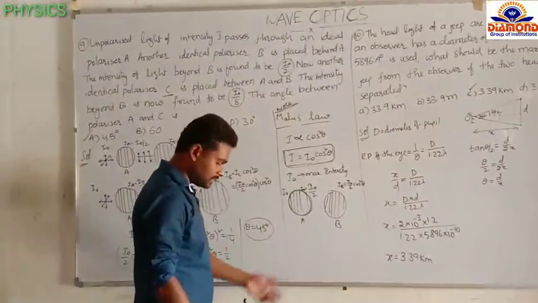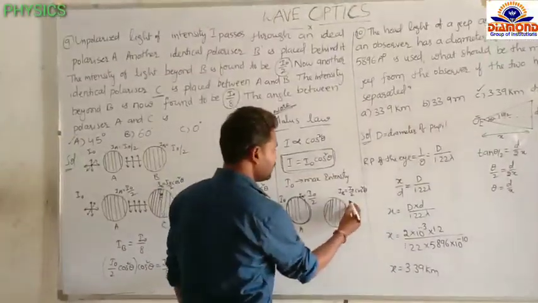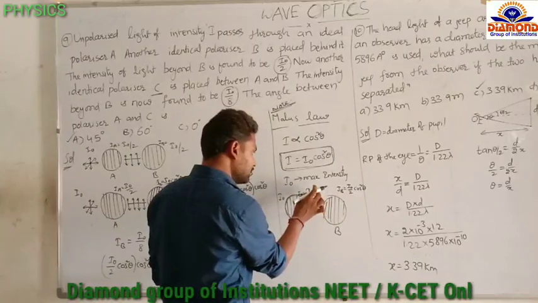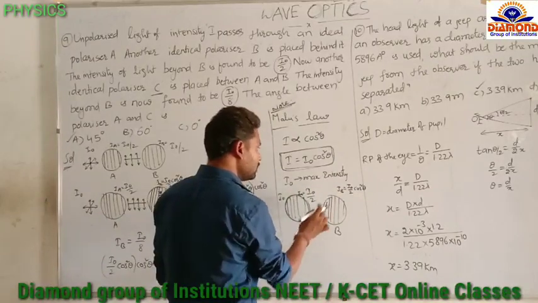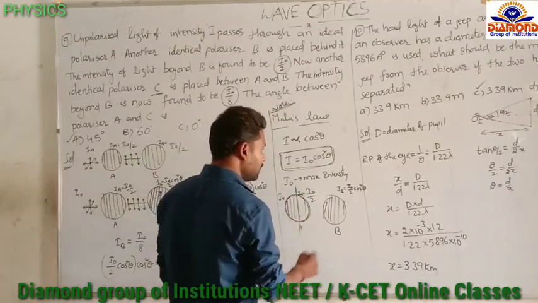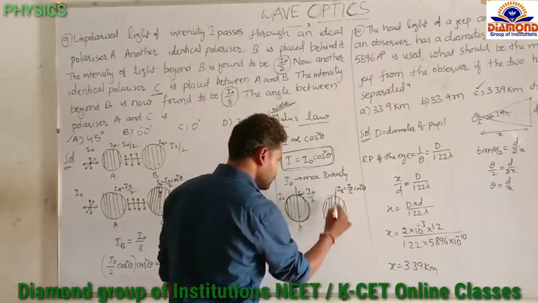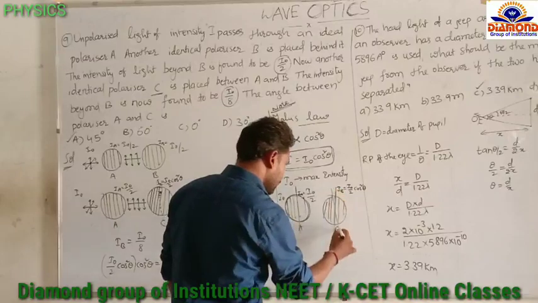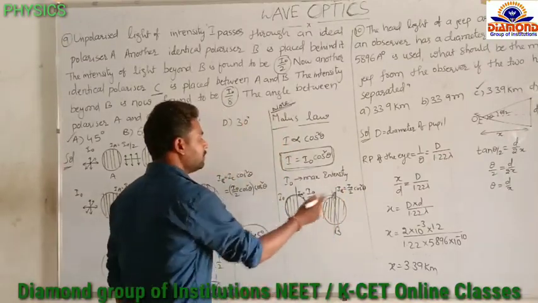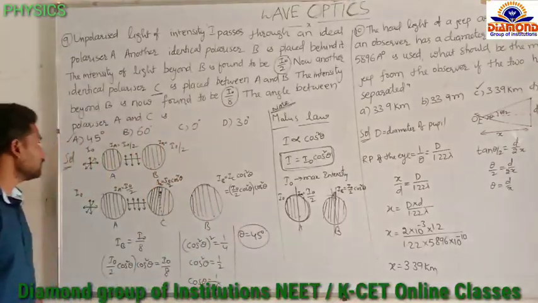After passing through the analyzer, the intensity is IB equal to the previous intensity into cos square theta, where theta is the angle between the transmission axes. Here one is vertical and the other is at some angle. Based on this we are going to solve the problem.